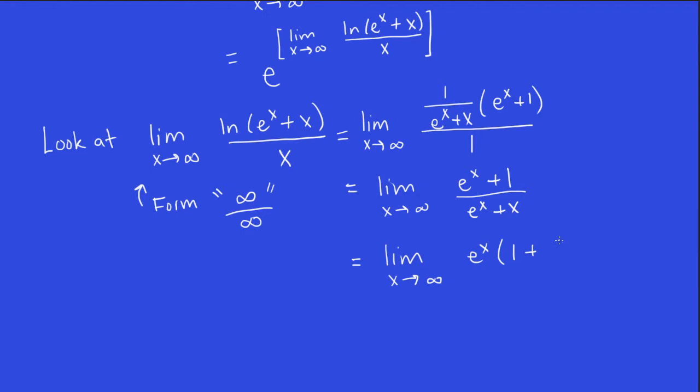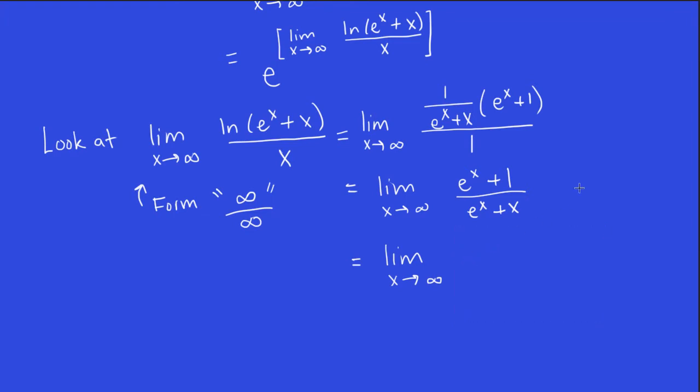So we get 1 plus 1 over e to the x on top, and 1 plus x over e to the x on the bottom. Actually, I don't want to do it like this. The answer would be 1 plus 0 over 1 plus 0, but to do this limit properly, we'd have to use L'Hopital's rule again anyway. So sorry about that, I'm just going to backtrack there.